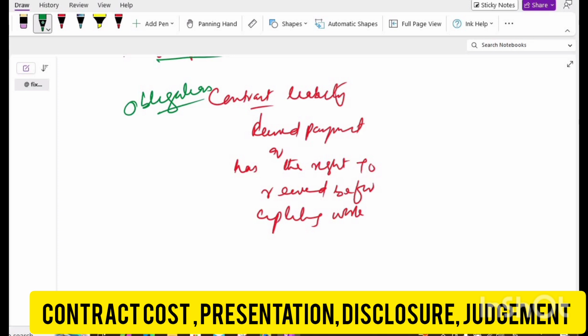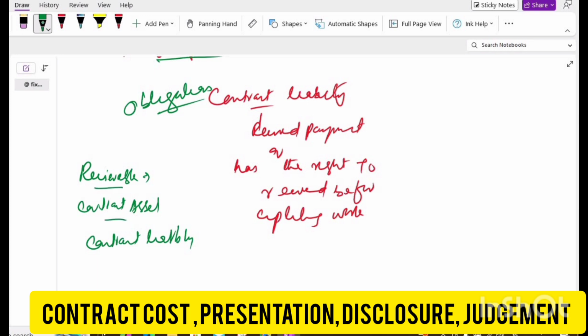So what we have learned about the presentation, that you have receivable, you have contract asset, and then you have contract liability. About receivable, we have discussed that the company has earned the revenue and just needs to wait for the payment.